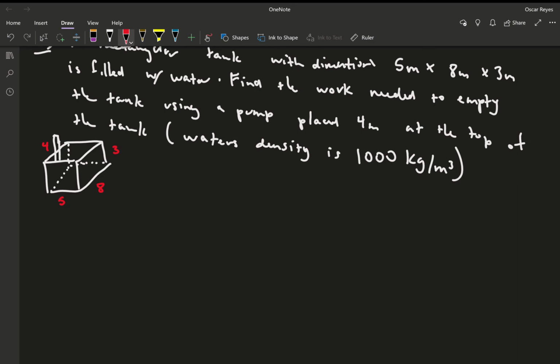So what we're going to do is, as we did in other problems, such as when we were finding the volume, we cut it into bite-sized little pieces. We're just going to take one little sliver of water and turn it into a cross-section. So if we draw that out, our cross-section is going to be like this.